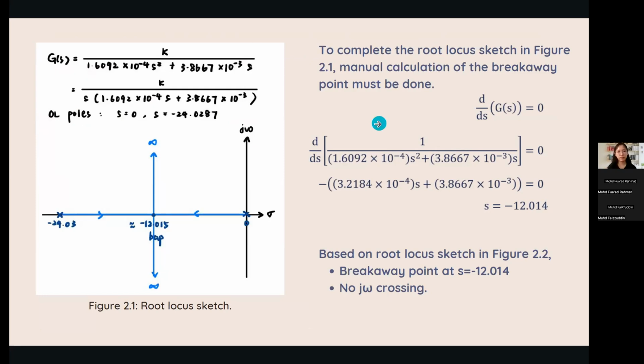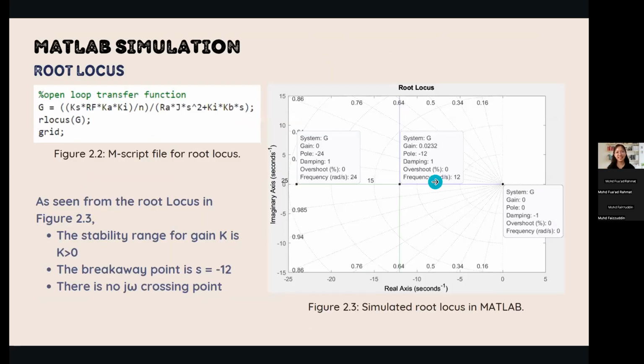Can you forward, please? Okay. What is the breakaway point? The value is -12. What is the closed loop pole at the breakaway point?